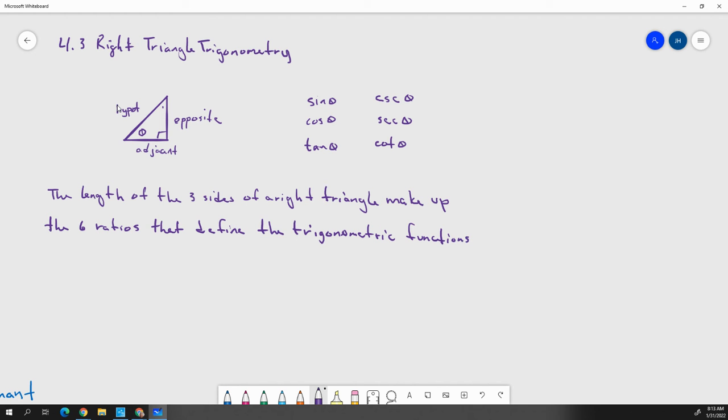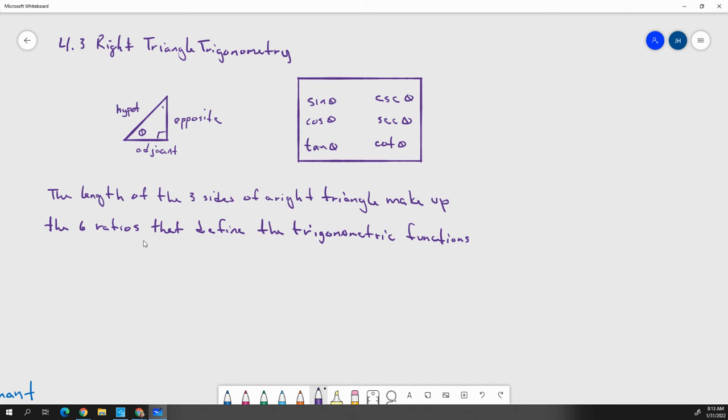So every single one of these is made up of ratios of these three side lengths, whether it be the opposite, adjacent, or hypotenuse.